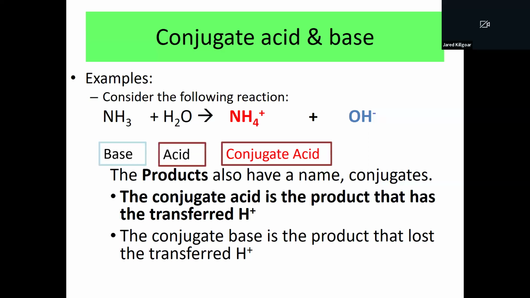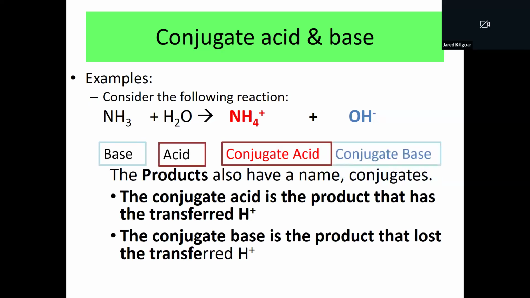The acid produces the conjugate base. The acid is what, once it has given that H plus away, will have the conjugate base remaining. That's what's left over after it lost the H plus. Notice the conjugate acid will always have a 1 plus charge higher than the base, and the conjugate base will always have a 1 minus charge less than the acid.